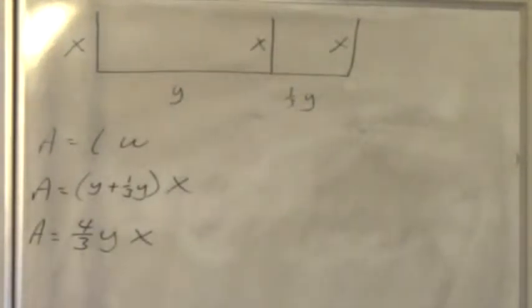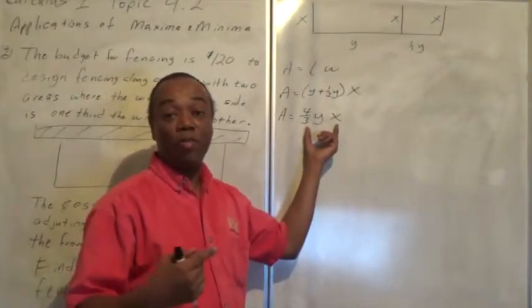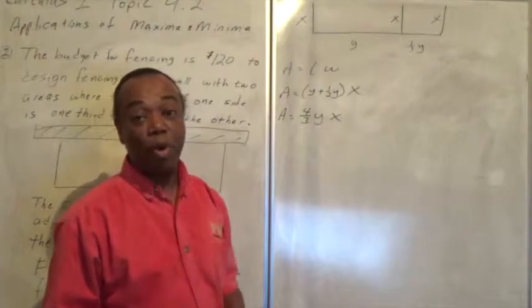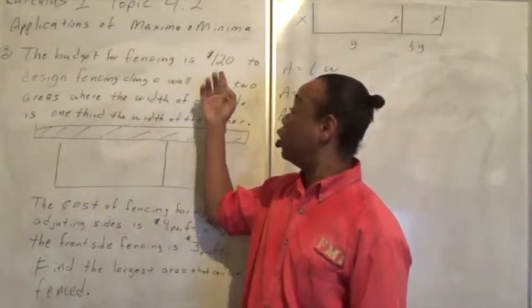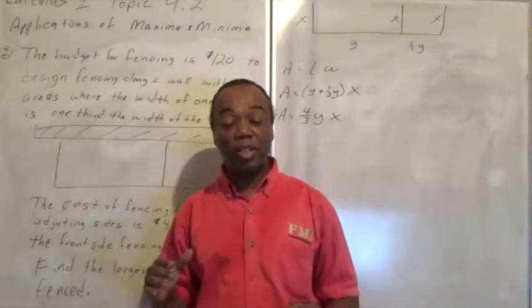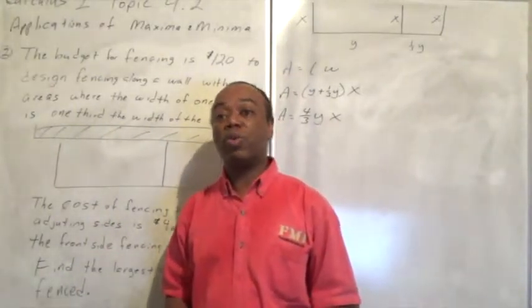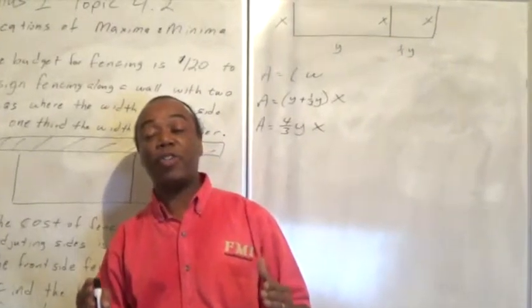So what I need to do is replace one of the variables and put it in terms of the other variable. So I need some permanent information for that, and we do have permanent information that 120 is the budget for the whole project. So let's see if we can set up everything equal to a $120 budget.